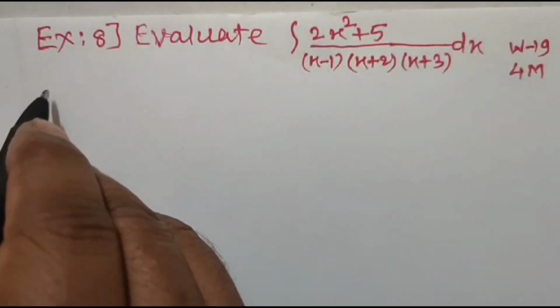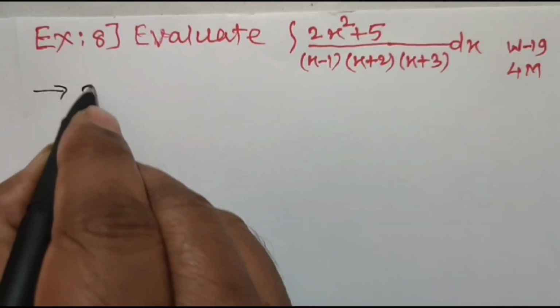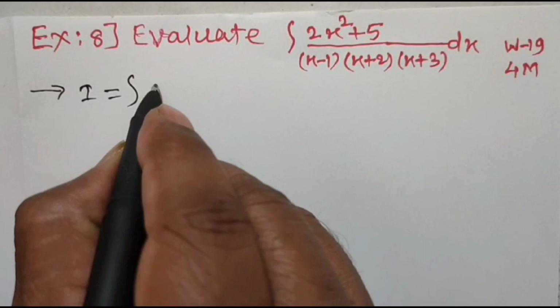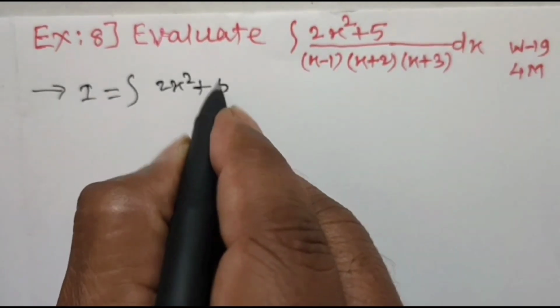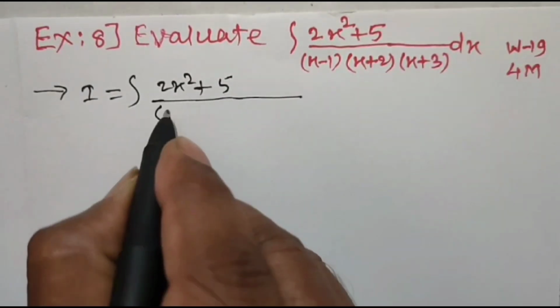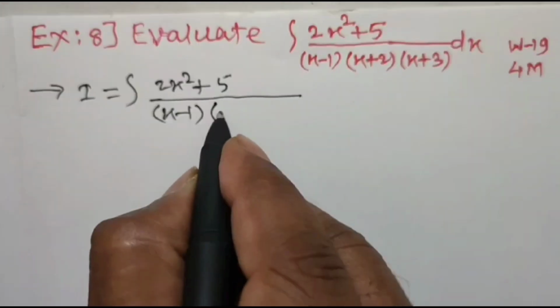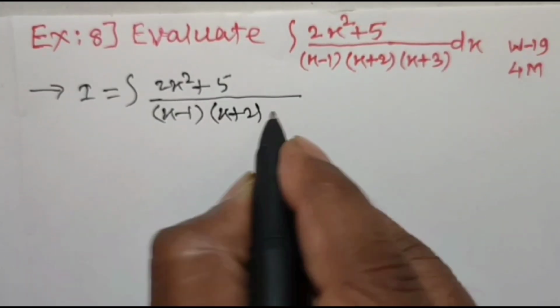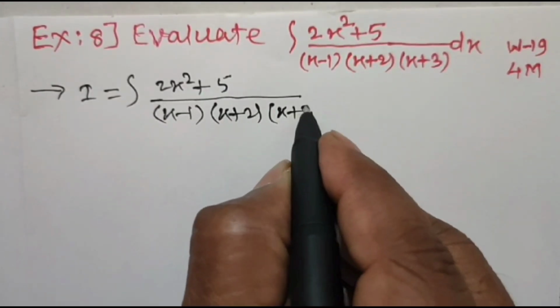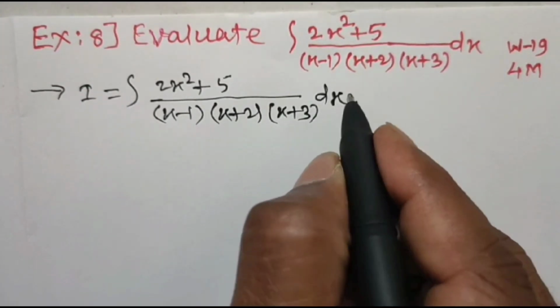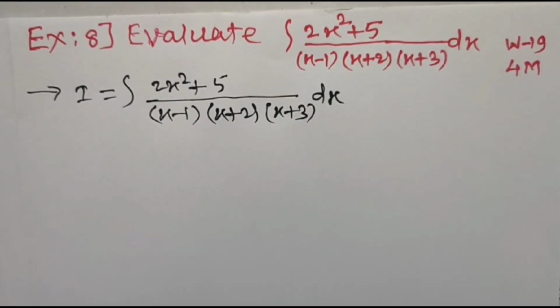Now, first of all, express the given integral. I is equal to integral of 2x square plus 5 divided by first linear factor x minus 1, second linear factor x plus 2, third linear factor x plus 3, integral with respect to x. We have to find out partial fractions.